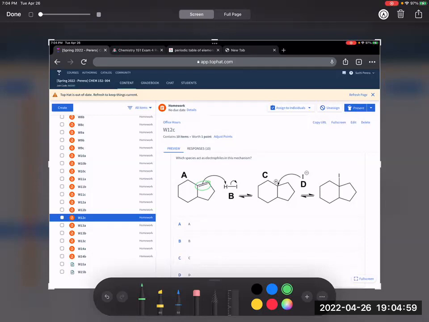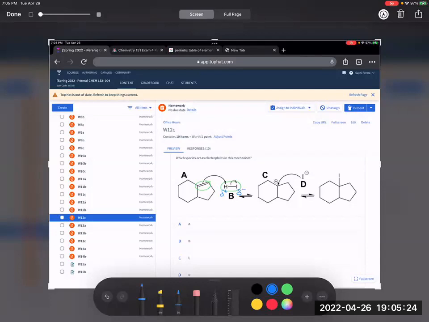And then this HI molecule is going to be our electrophile because it is accepting this nucleophilic attack here, right? The partially positive charge of hydrogen is going to be grabbed by these electrons of the alkene. That's the idea.